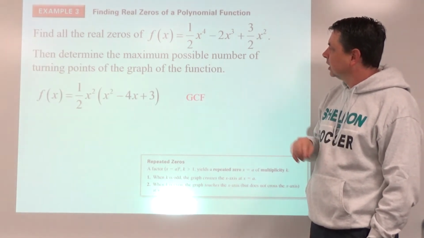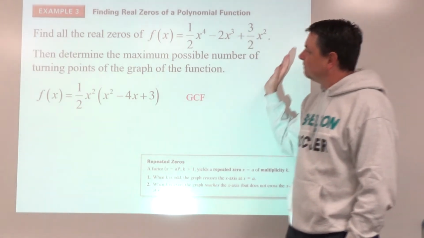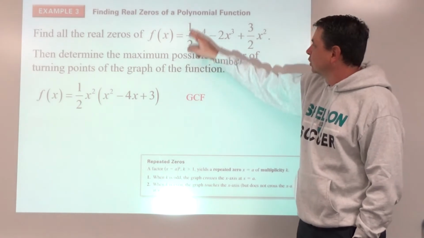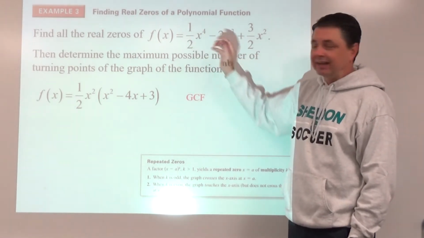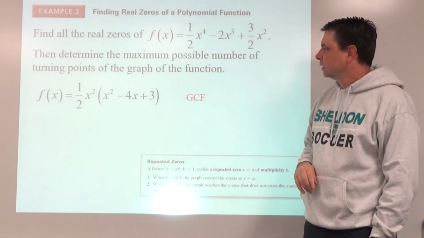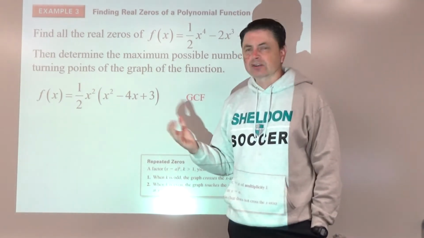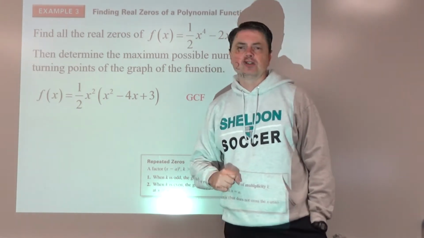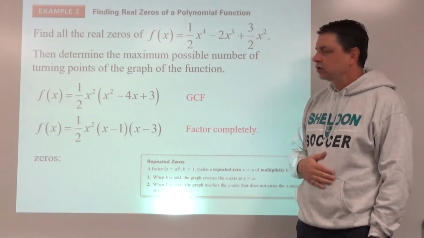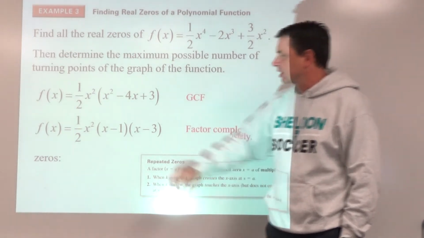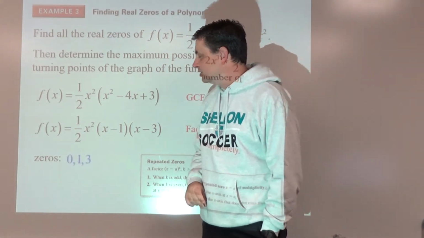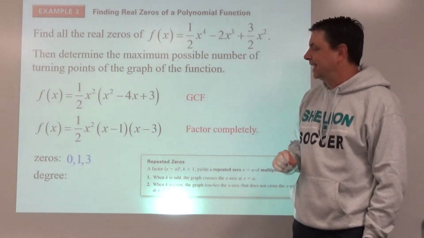So maybe in terms of factoring, we could factor out the GCF, and that would include the 1 over 2 part. That's going to kind of get rid of our fractions. All right, from there, I think the rest of the factoring should be pretty easy. That factors into binomials. And so we're ready for the zeros. The zeros coming from here, set it equal to 0 and solve. Here and here, we've got zeros of 0, 1, and 3.